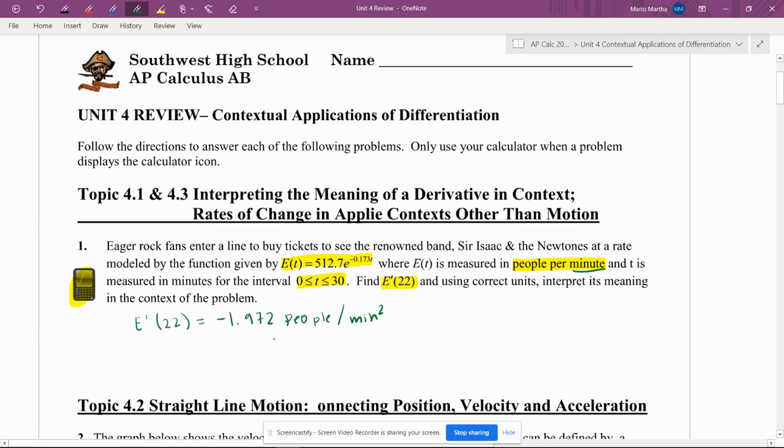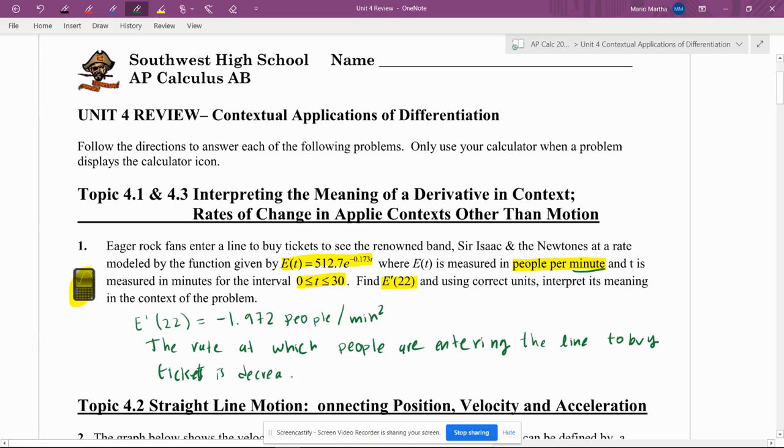All right. So here again, interpreting the meaning in the context of the problem, would be that the rate at which people are entering the line to buy tickets is decreasing, because it's negative, by 1.972 people per minute squared.